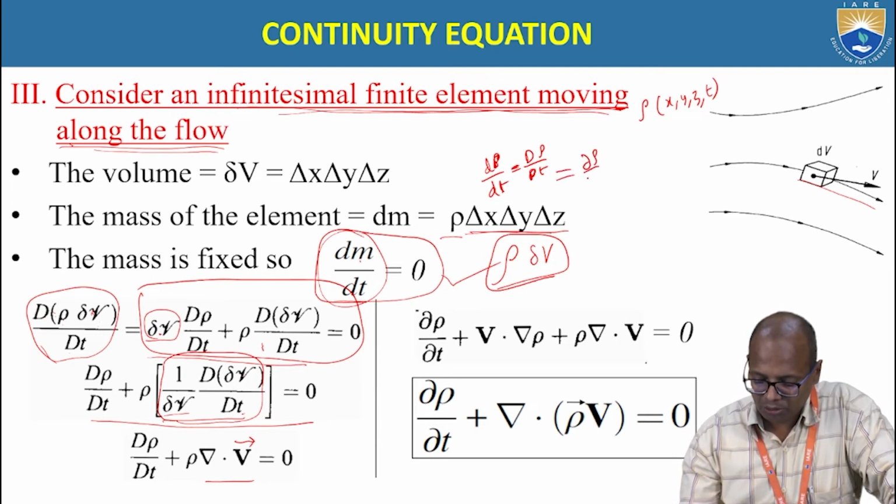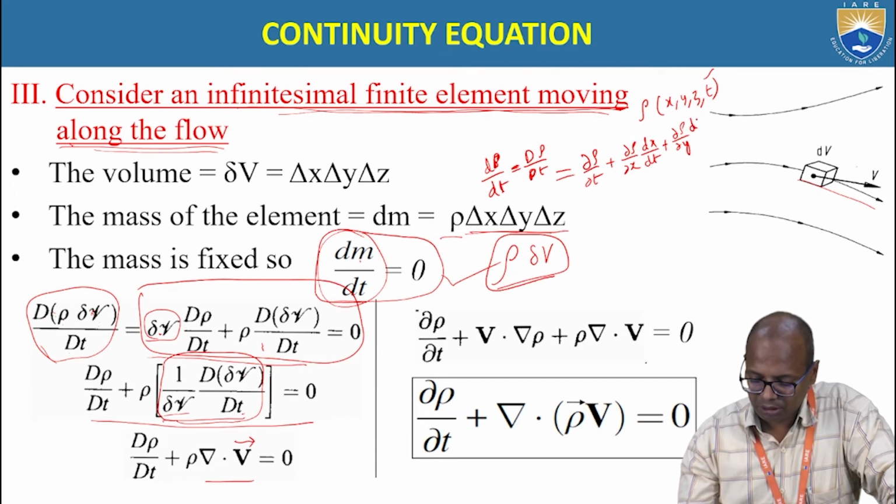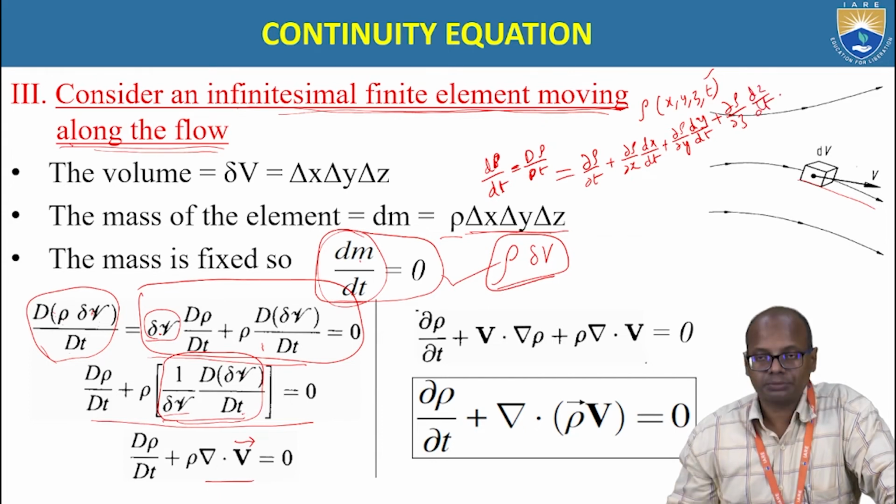dou rho by dou t with respect to time plus dou rho by dou x into dx by dt plus dou rho by dou y into dy by dt plus dou rho by dou z into dz by dt.